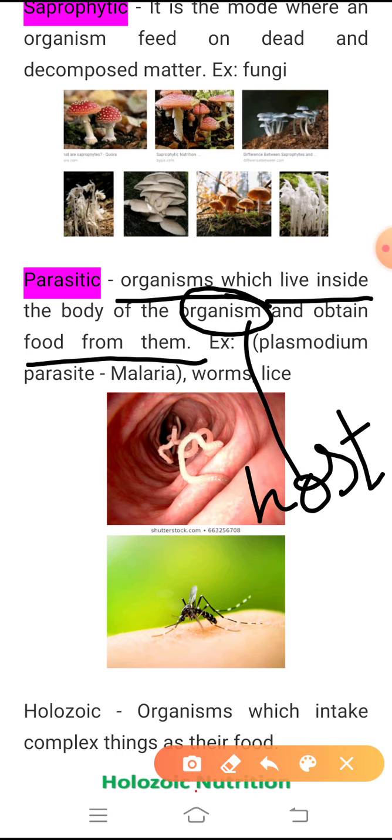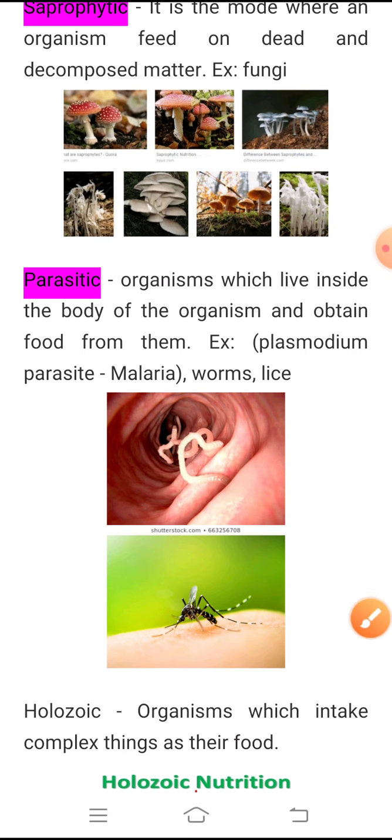The host means, for example, if worms are living inside our body, then we are the host for those worms, right? So parasitic organisms are the organisms which live inside the body of others to obtain the food from them.